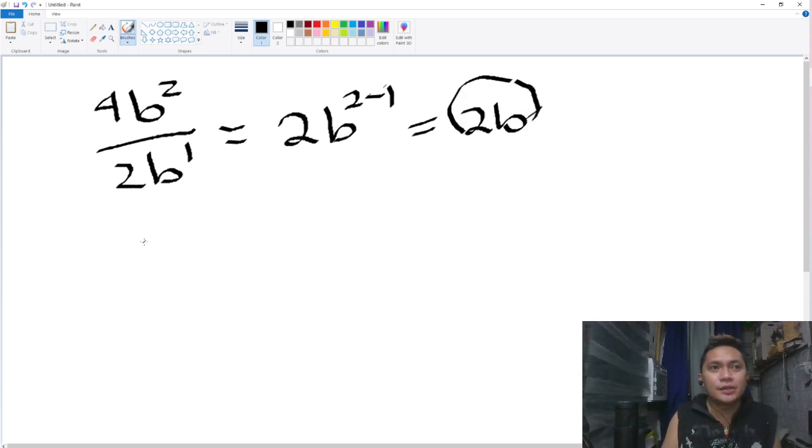Another. So we have d to the 4th power divided by d to the 2nd power.